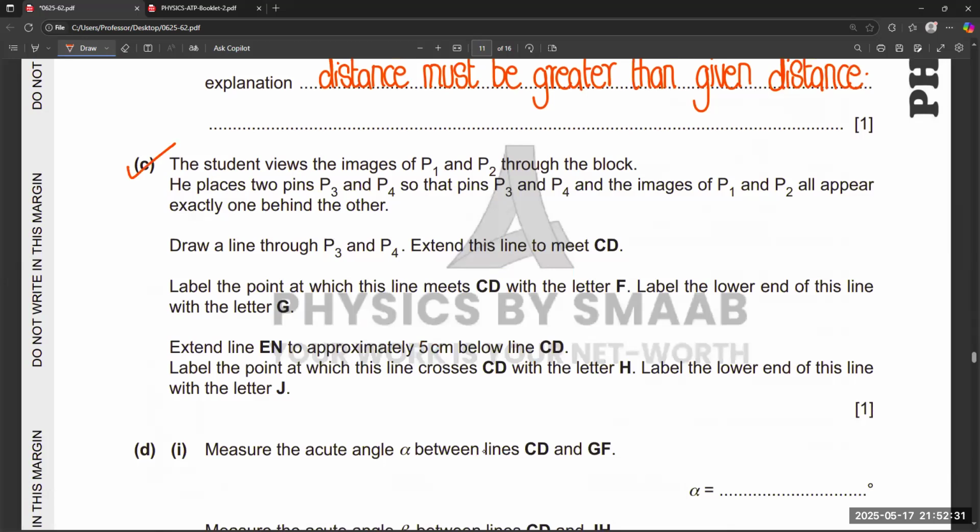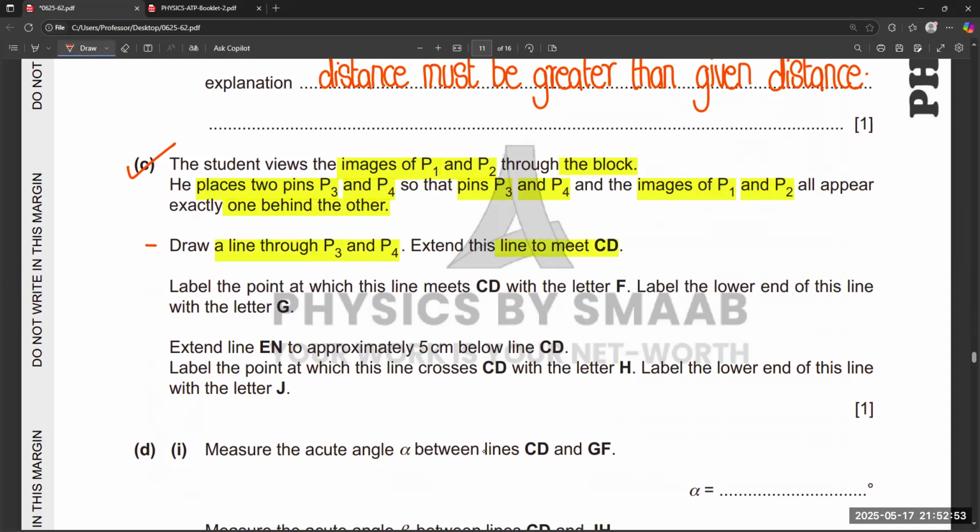And now the student views the image of P1, P2 through the block. Now he places two pins P3, P4 so that P3 and P4 and the images of P1, P2 all appear exactly one behind the other. Draw a line through P3 and P4. Extend this line to meet CD.